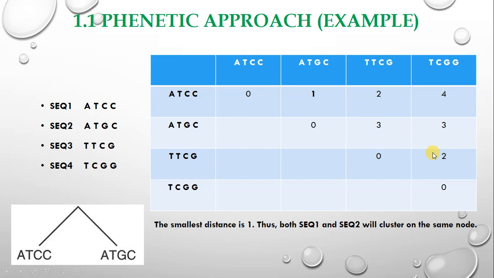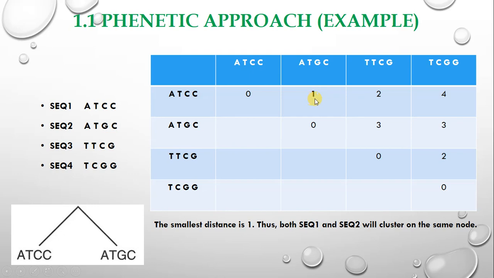So based on your data, in this example we have totally 4 sequences. Based on this data, the sequences with smaller distance to each other will be clustered together. After analyzing this kind of matrix, we came to a conclusion that sequence 1 and sequence 2 contain the smaller distance 1.